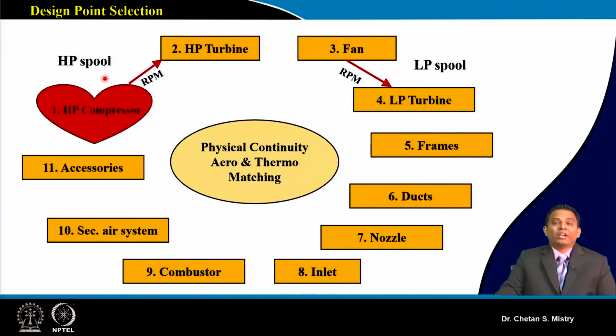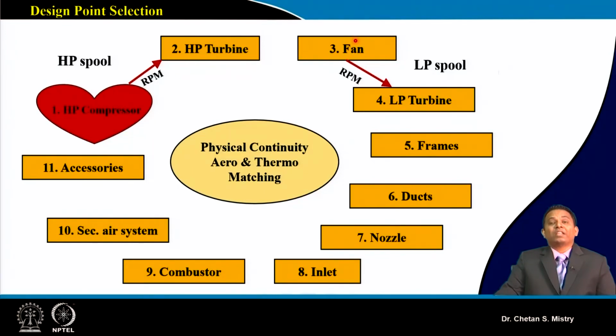Okay. Now the next component is our fan, or we can say our LP compressor or IP compressor, which we can call a booster compressor. Again, there we are looking for matching of our rotational speed. For a particular span, we expect our tip Mach number to be in a certain range in order to have higher efficiency.